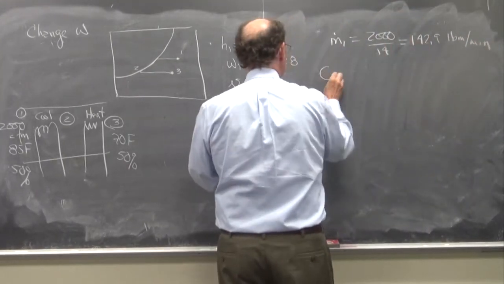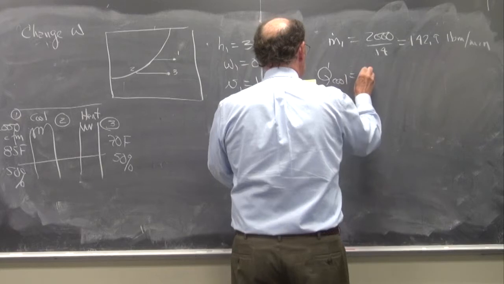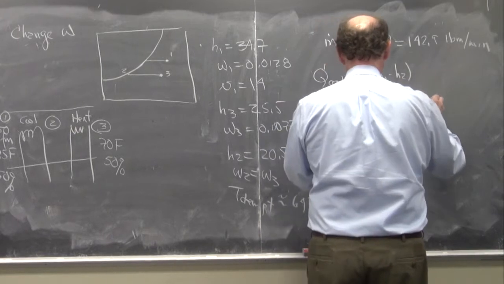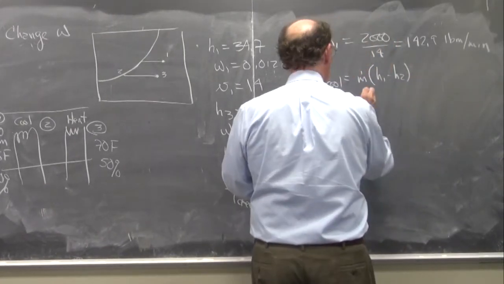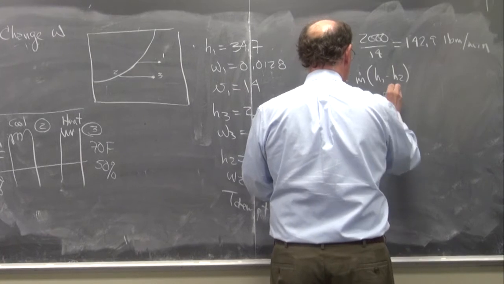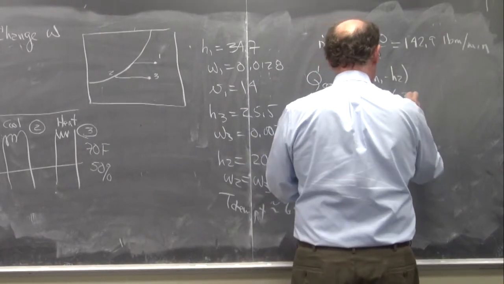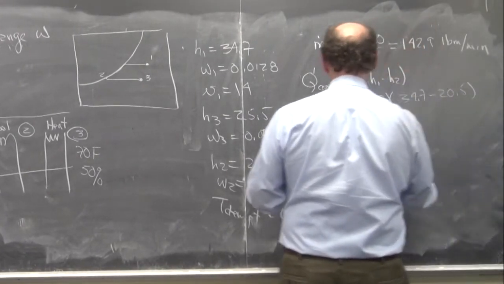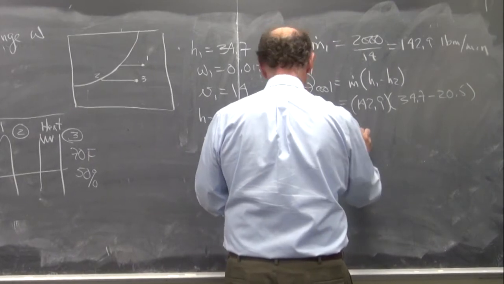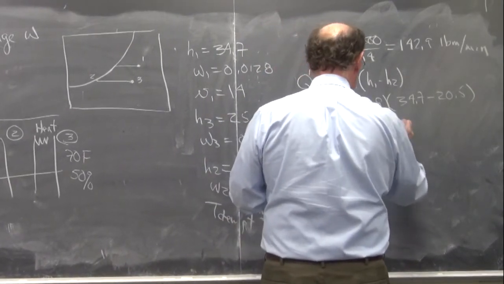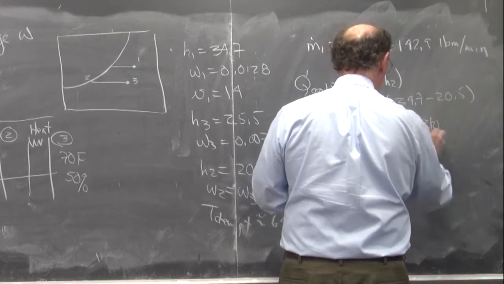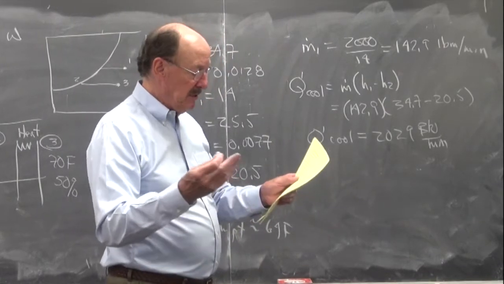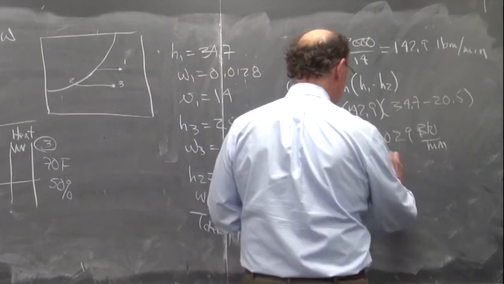The cooling, Q dot cool, is equal to the mass flow rate times H1 minus H2, which is 142.9 times 34.7 minus 20.5. So Q dot cool is equal to 2029 BTUs per minute. So that's the cooling rate. If I divide by 200 BTUs per minute per ton, we'll see that there's a little bit over 10 tons.